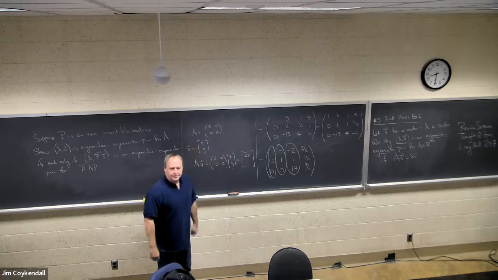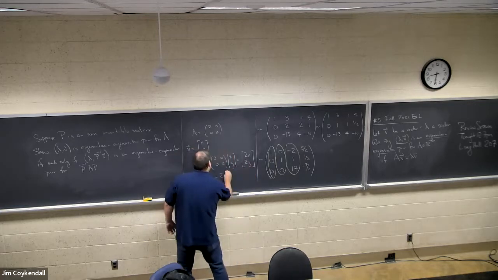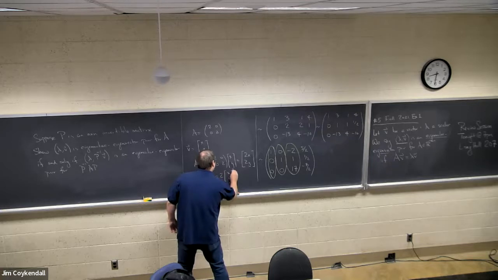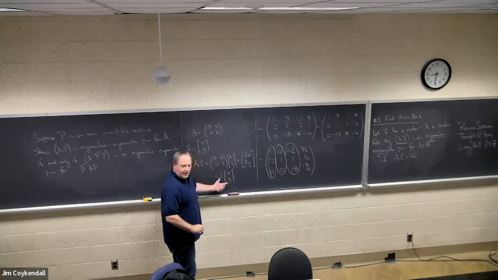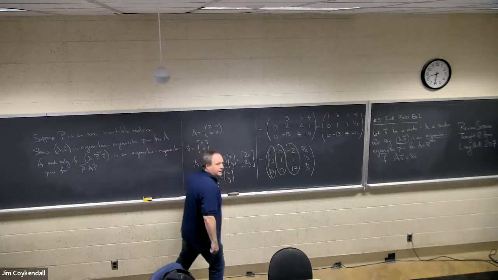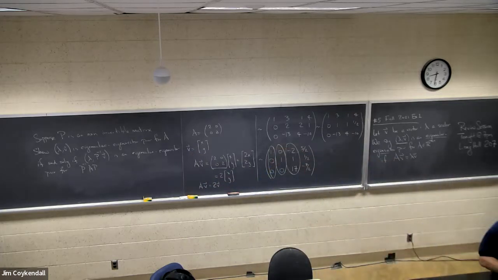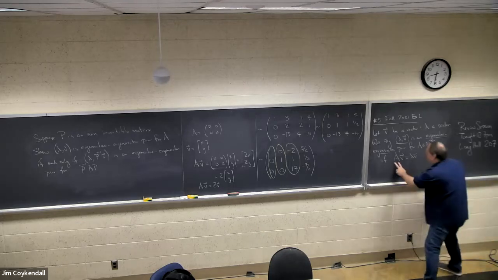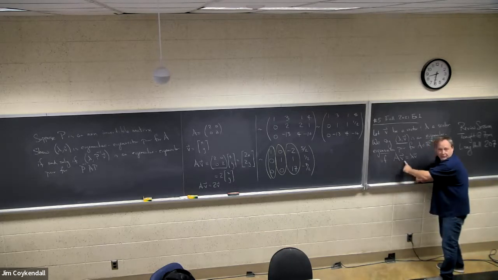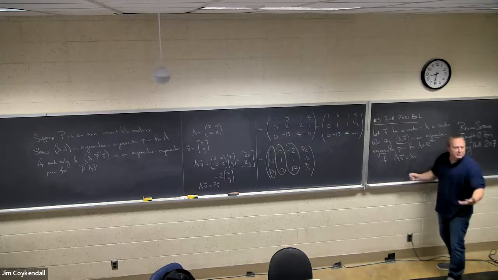What goes in the bottom? This is 2 times x. So see what's happened here? A times V is 2 times V. So here my lambda is 2. This equation is telling me that the matrix times V just stretches the vector.